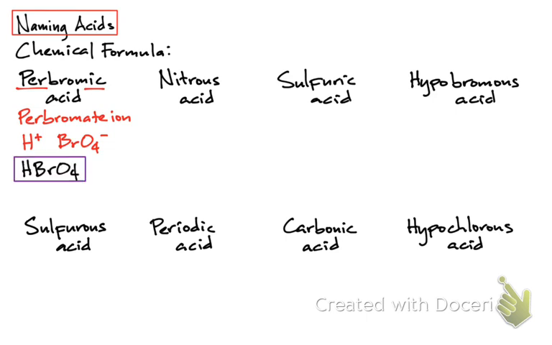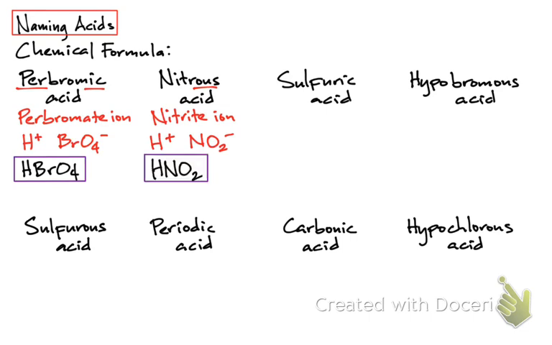What about for nitrous acid? So you notice that it ends in OUS, so that must mean that the polyatomic ion has the suffix ITE. Right, so it must be the nitrite ion. So the nitrite ion is NO2 with a -1 charge. So when you cross that with the hydrogen, you have HNO2.